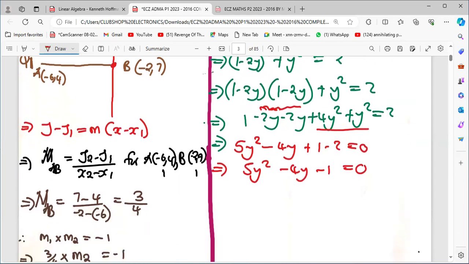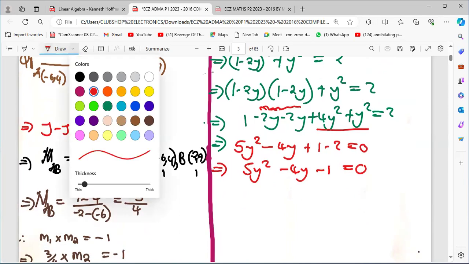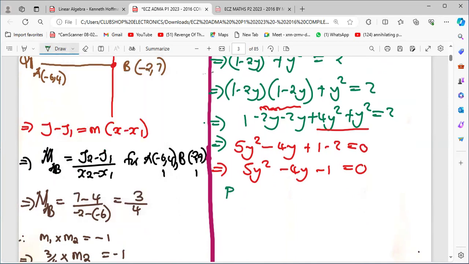So we can solve this now using the quadratic formula or the product-sum and factors method. Our product is A times C. Our A is 5 and our C is negative 1, so when we multiply, we get negative 5. Then our sum is defined as B, which is negative.